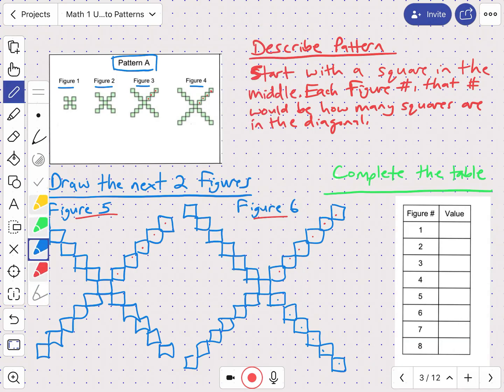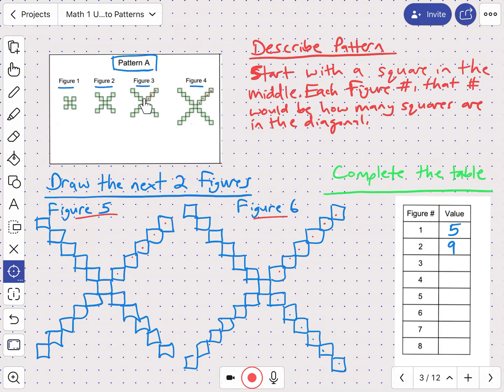The way you copy this table down is, for figure 1 right here, we're going to say how many squares there are altogether. Figure 1 has 1, 2, 3, 4, 5 squares, so we're going to put 5 here. Figure 2, how many squares does that have? That's 1, 2, 3, 4, 5, 6, 7, 8, 9. Figure 3 has 1, 2, 3, 4, 5, 6, 7, 8, 9, 10, 11, 12, 13.